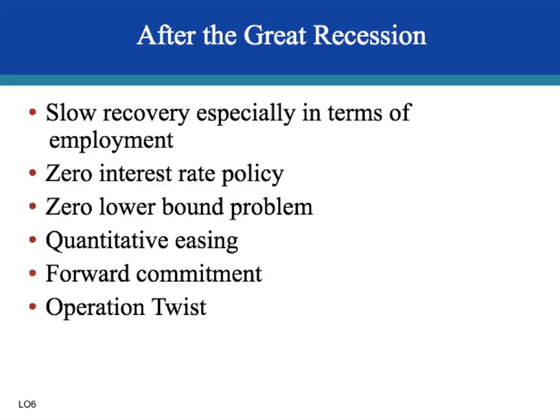So to deal with the zero lower bound problem, the Fed then engaged in what is called quantitative easing. It actually went through several rounds of this: QE1, QE2, QE3. Quantitative easing from the outside seems like open market operation, buying and selling of bonds in order to increase reserves.